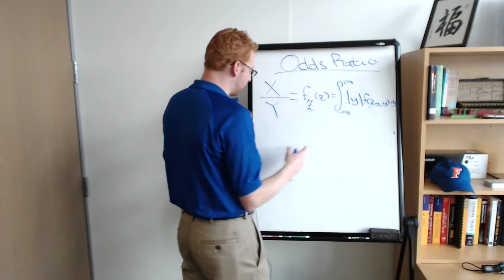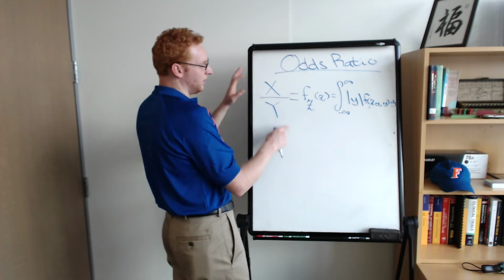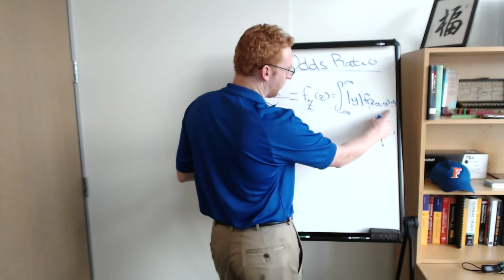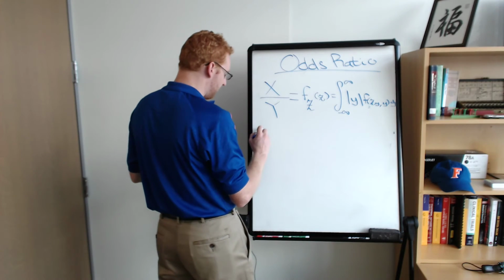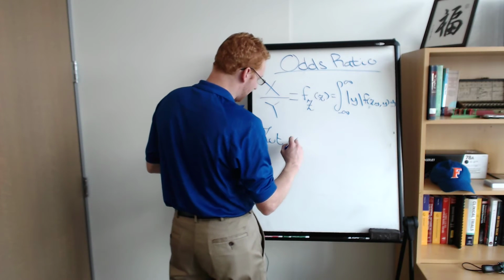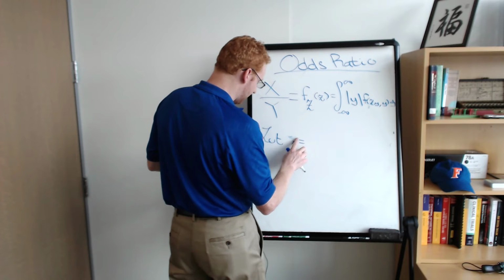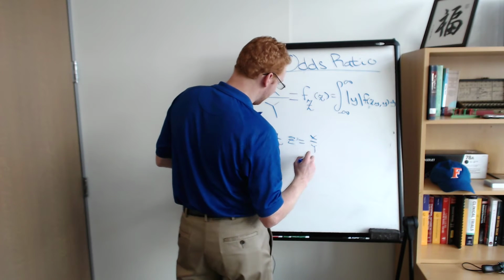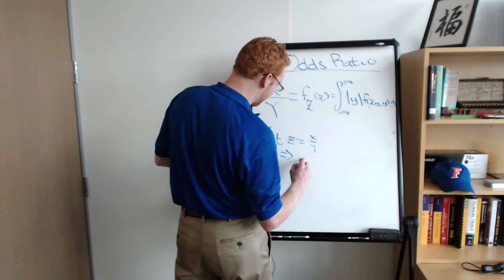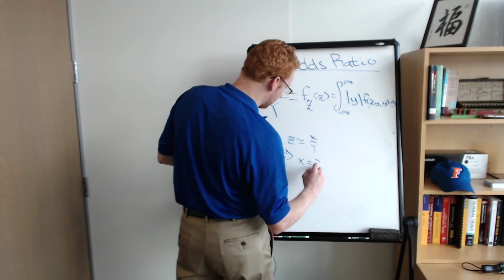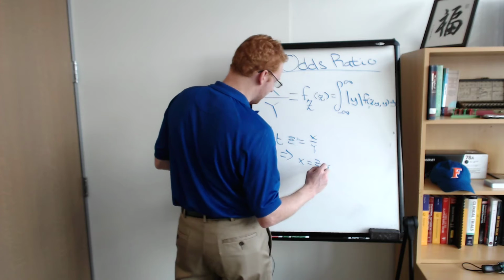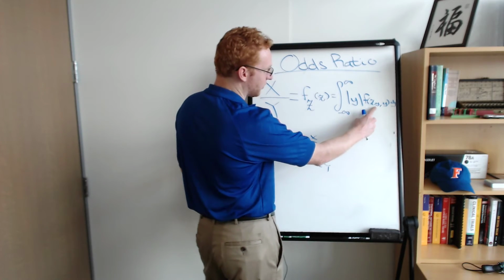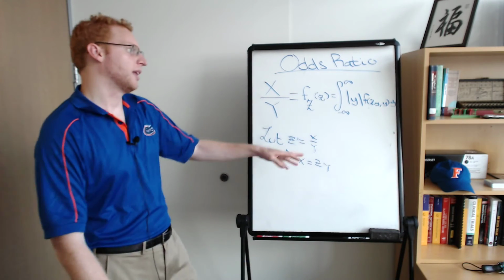But you calculate the joint distribution of these two. So that's this f of x, y. Then we let z equal x over y. That yields x equals zy. So this is x, but we're writing in terms of y, dy.